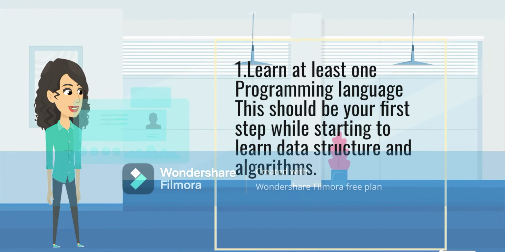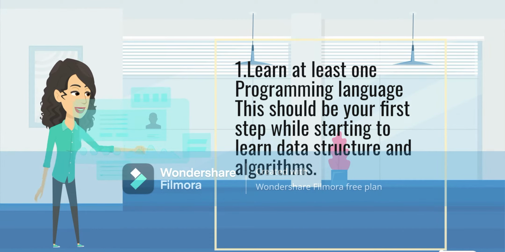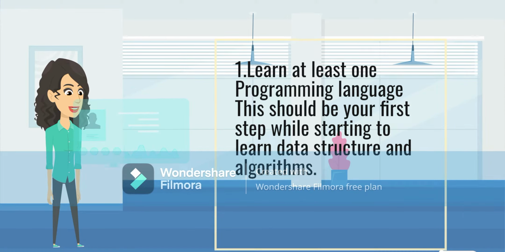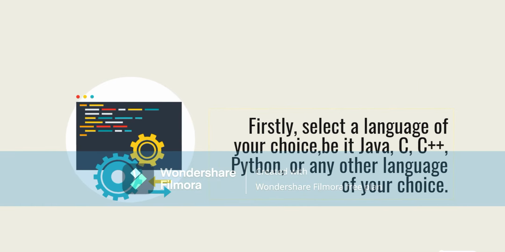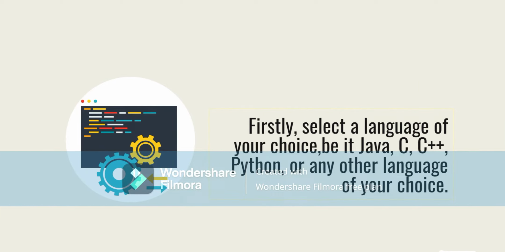One. Learn at least one programming language. This should be your first step while starting to learn data structure and algorithms. Firstly, select a language of your choice, be it Java, C, C++, Python, or any other language of your choice.